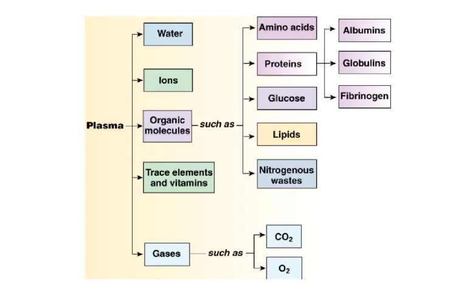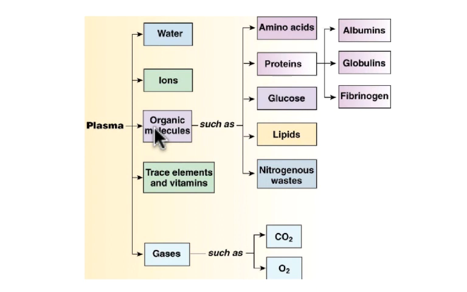Now let's focus on plasma, the fluid part of the blood. Plasma mainly is composed of water, of course, but also it has ions, organic molecules, some trace elements, vitamins, and of course gases like CO2 and oxygen. Among all of these, organic molecules are the point of discussion for us.